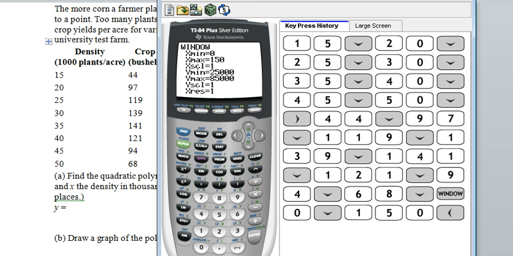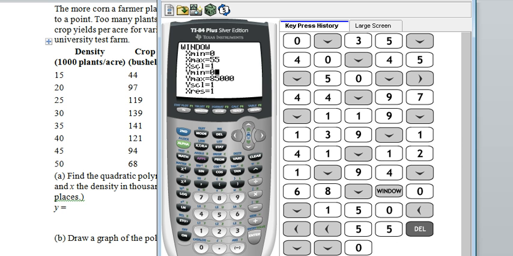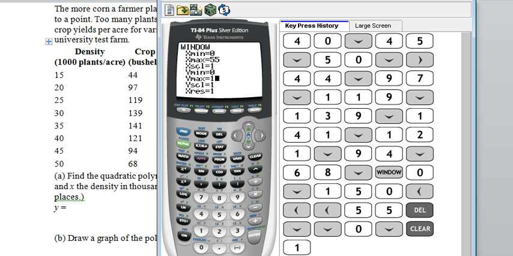Let's go X max to 55. And Y min from 0 to 150. So I'll clear out the previous Y max and put in 150, which would be 150 bushels per acre.